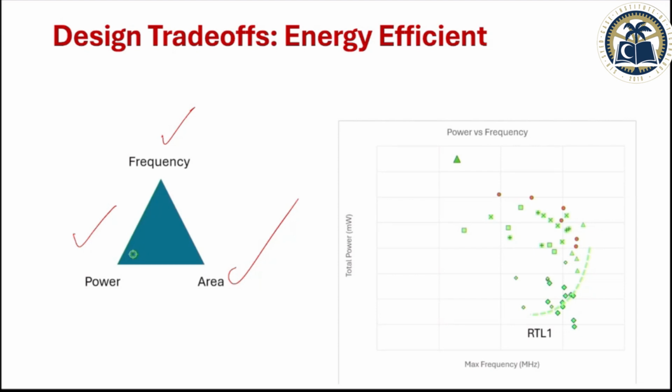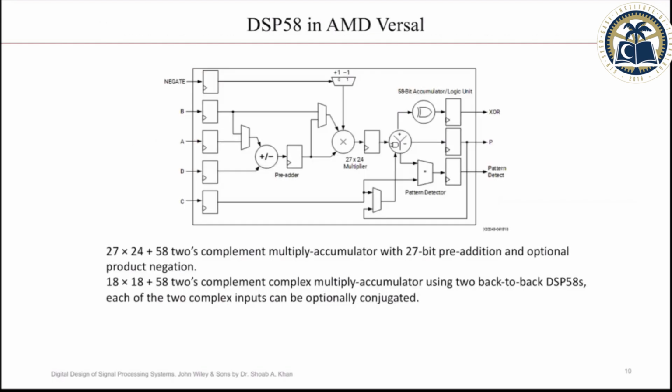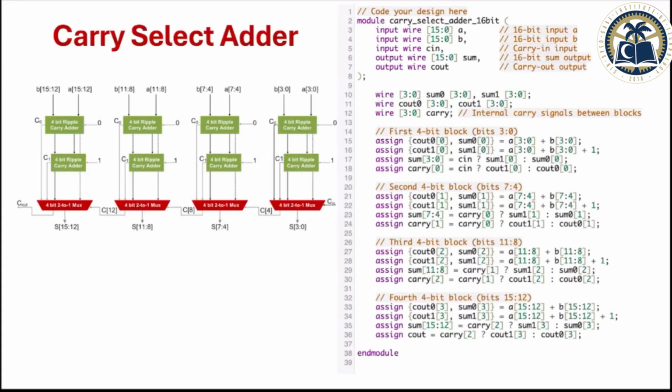This is how you are moving in this space, finding the very best that you can do, and figuring out whether power is important. You say, oh, power is very important in my case, because it's a handheld device. So power is important means you have to make sure that your design caters for that. It can run your battery for hours, so you have to slow down your clock. This is one option, at least, to slow down your clock.